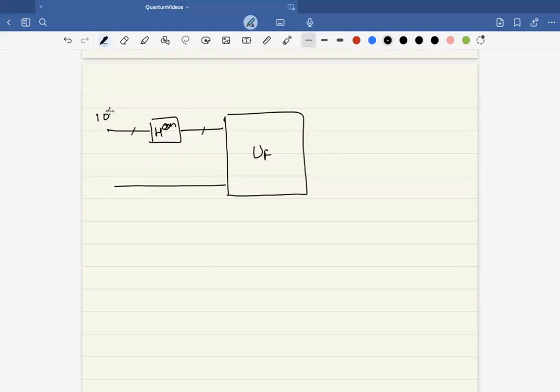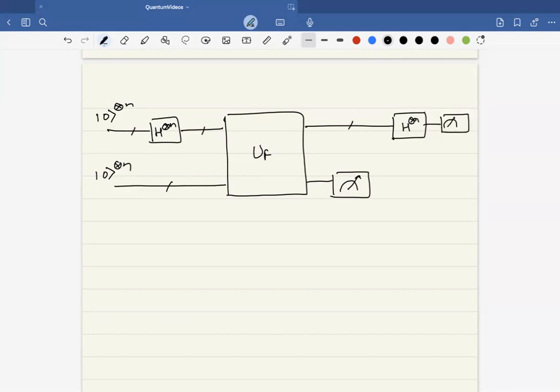So this is 0 tensor n, this is also 0 tensor n, and then we have a measurement here, and then we have a further Hadamard tensor n, and then you have the final measurement over here. So this is the Simon circuit.